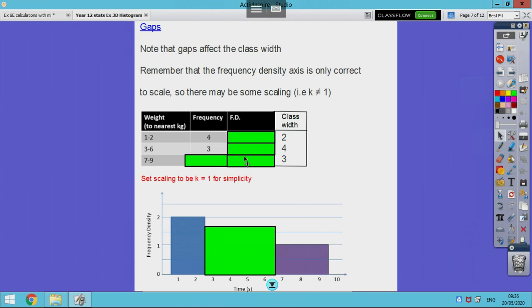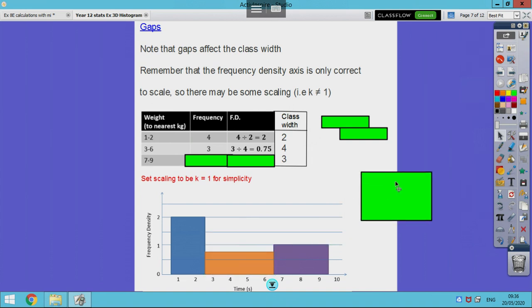So let's have a look. If we've got the frequency and the class width, the frequency density is going to be 4 divided by 2, which is 2. For the next one, your frequency density is 3 divided by 4, which is 0.75. And we can show this on the histogram here, so your frequency density should go up to 0.75 here.